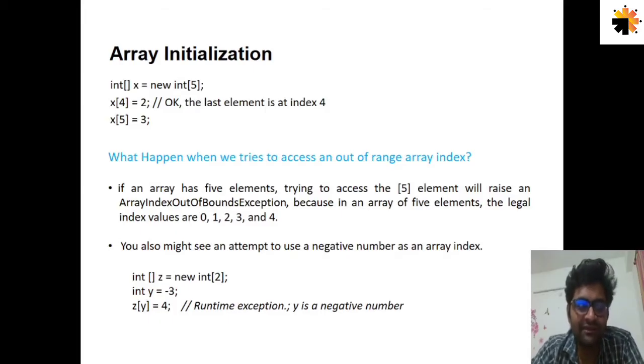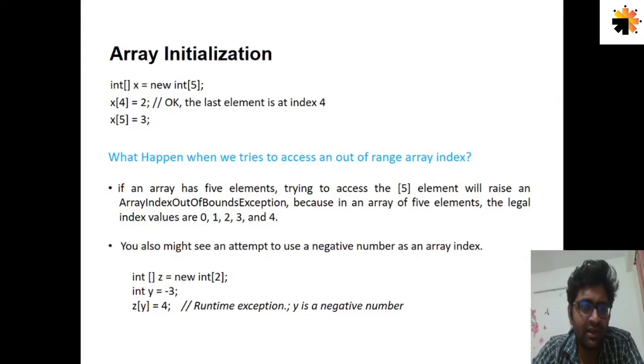These will be the indices of the array. Now I'm assigning a value 2 at index 4. Index 4 means it's the last index, right? Because it begins with 0, it ends at 4. So x of 4 equal to 2. So 2 is the value I'm assigning to the 4th index of the x array.